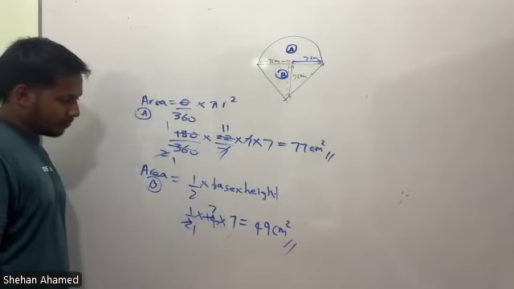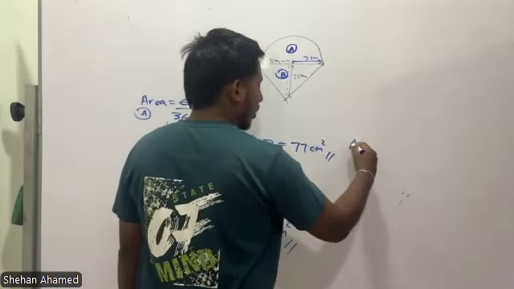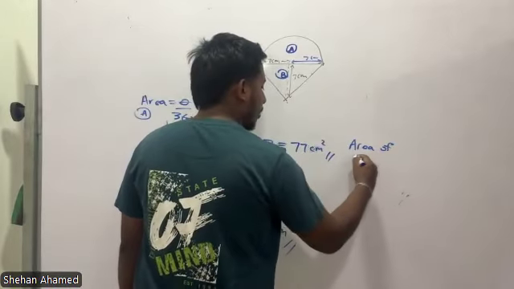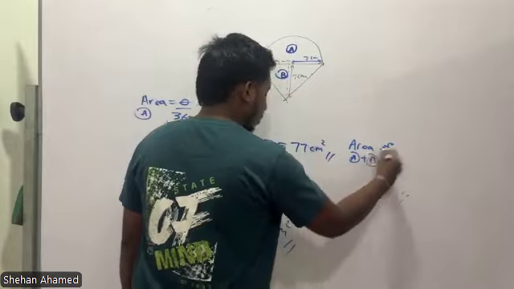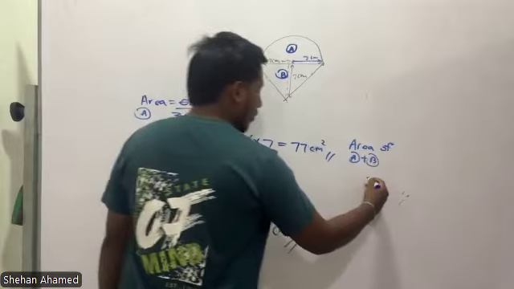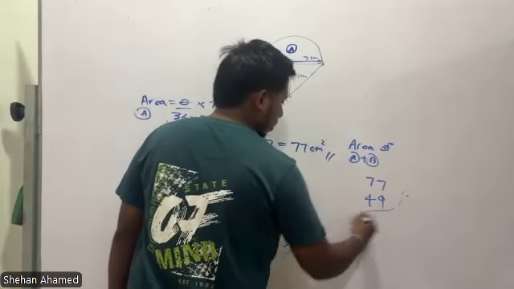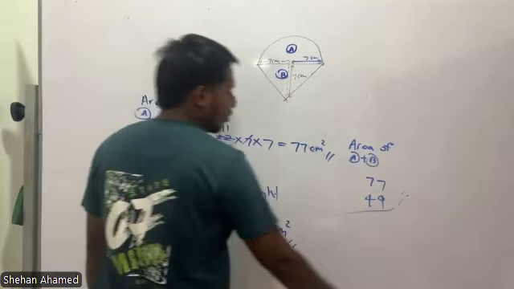Right. So when finding the area of the composite figure, you have to add these two: area of A plus B. So 77 plus 49. 7 plus 9, you get 16. 7 plus 1, 8. 8 plus 4, it's 126. So the final answer is 126 centimeters square.